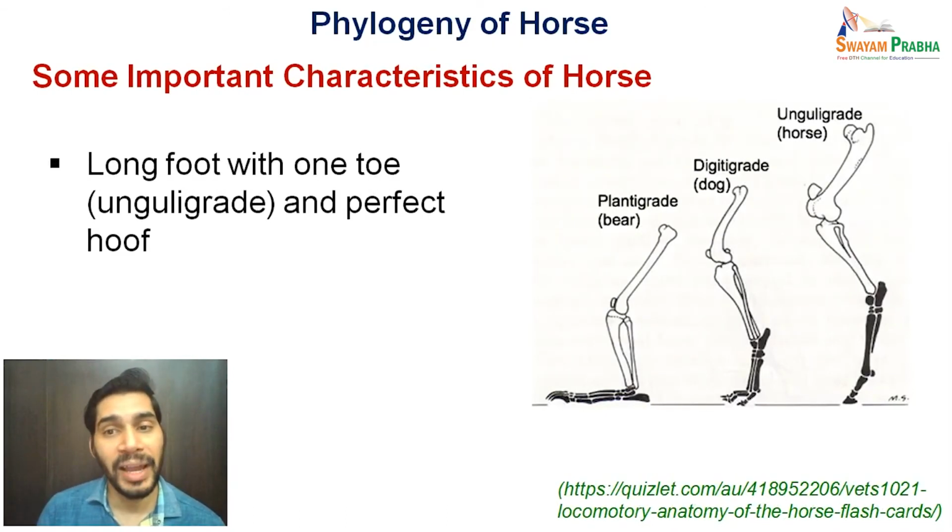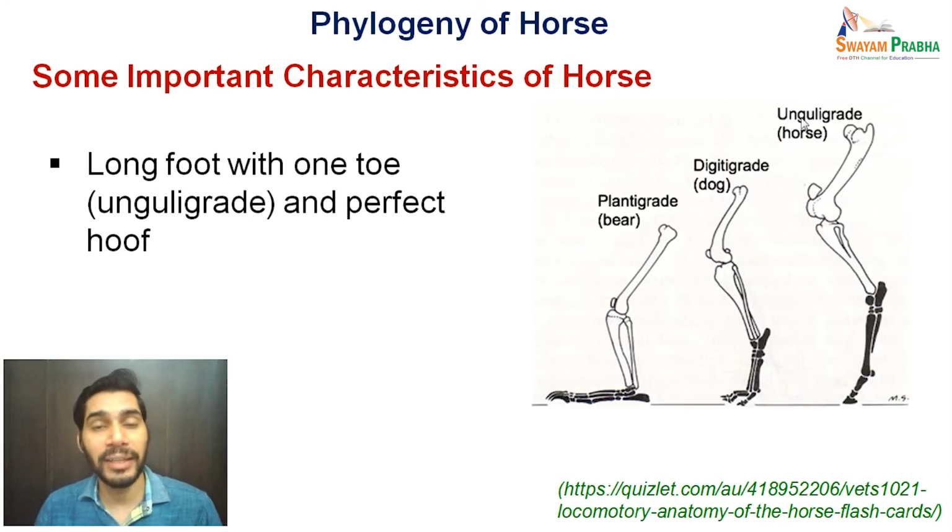Then moving ahead to the other bones, that is the bones of the forelimb or hind limbs, they have an unguligrade mode of locomotion. Now the unguligrade mode of locomotion is represented here. If you focus on this image, there are three different kinds of organisms showing different kinds of locomotion.